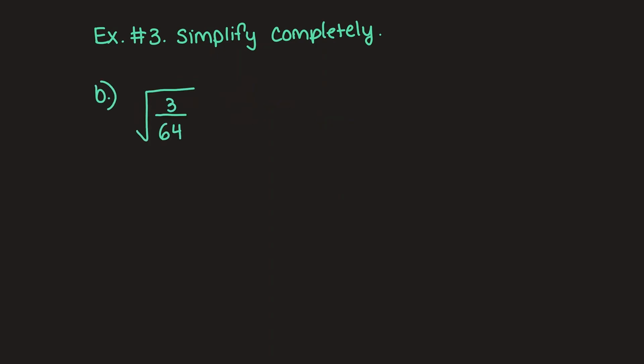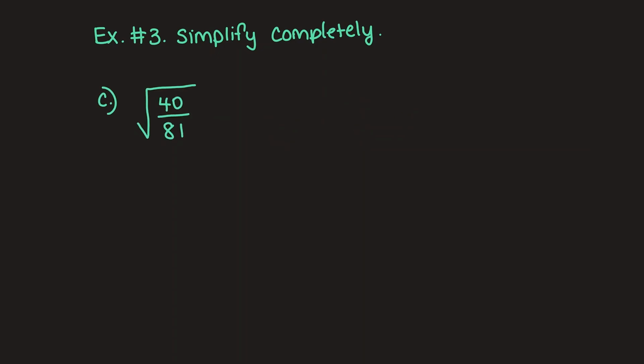For the next example, again the fraction 3 over 64 is already simplified, so let's apply the quotient rule on the radical and write this as square root of 3 over square root of 64. So the square root of 3 is already simplified, so we just rewrite it, and we can take the square root of 64, which is 8, so this radical simplifies to square root of 3 over 8.